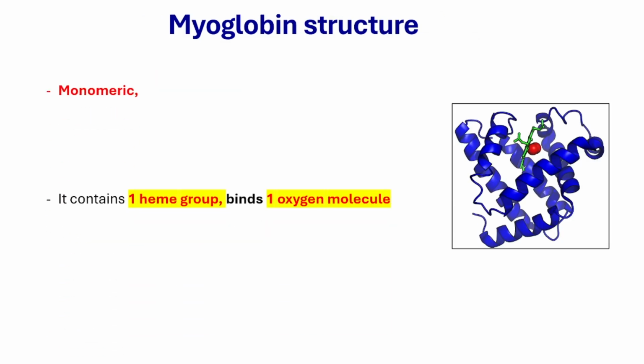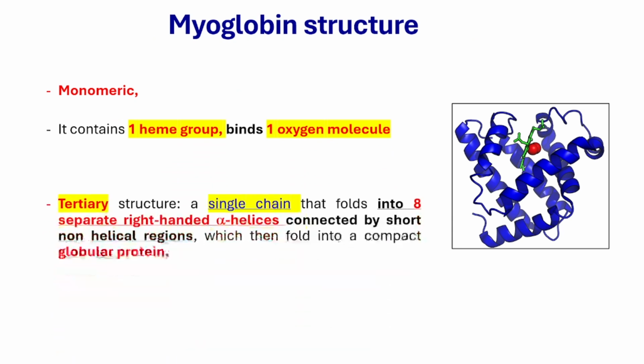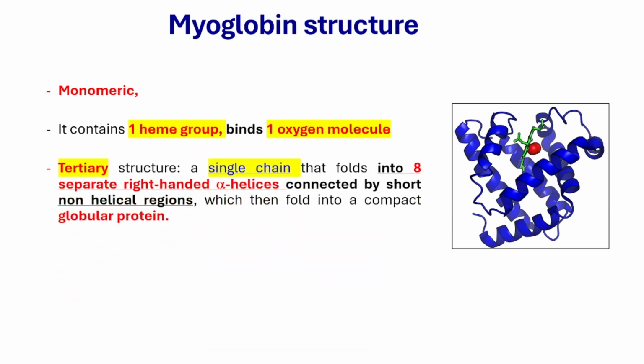So myoglobin, as we said, is monomeric, and if you look at the tertiary structure of this myoglobin, you can see it is formed by helices, okay? It is a right-handed helix, and they are connected by regions that don't have any structure, which connect the helices to each other.